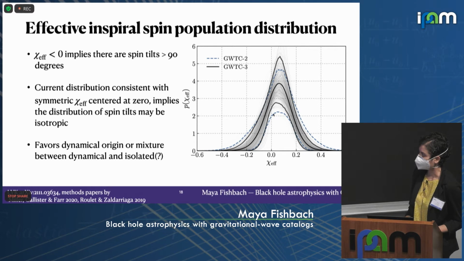Although I should say that making this measurement is very tricky if you think that there are a lot of systems with black hole spins almost exactly at 0. And I know Javier here had a paper about this with GWTC-2, and so I'm curious to also see what that looks like with GWTC-3.